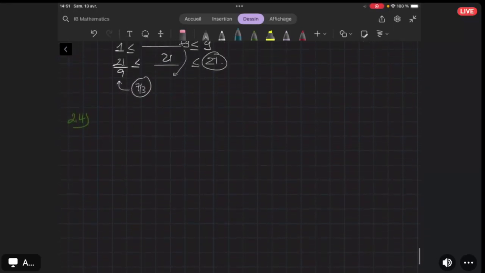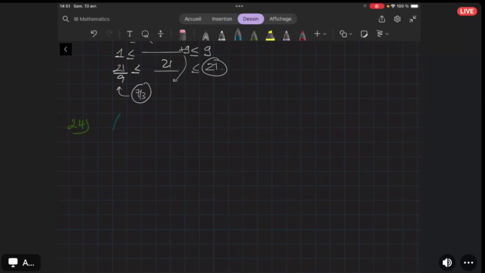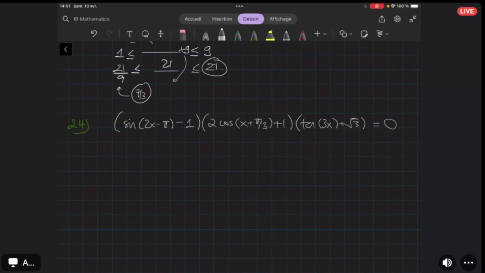We're at 4. Solve this guy. You know what? This guy, you only need to solve 3 equations separately and put it all together, right?